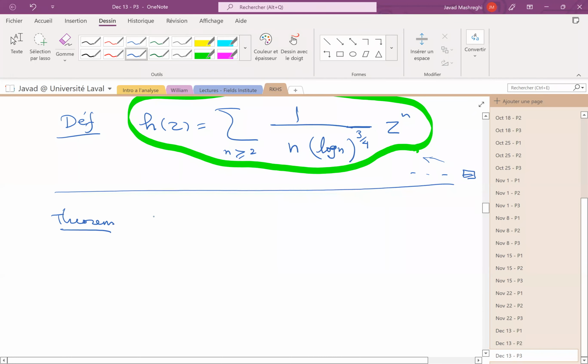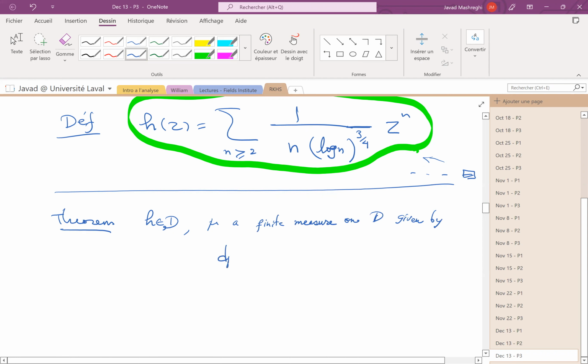Let h be in D and mu a finite measure on the disk given by this formula.